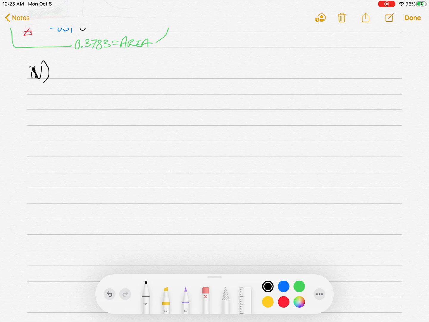Let's do another one. This would be number 4, I guess. What if I wanted the probability that z is greater than negative 1.41?